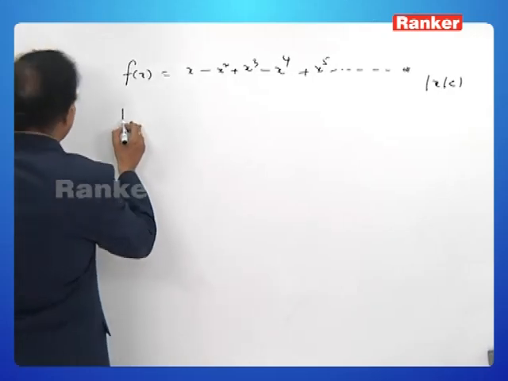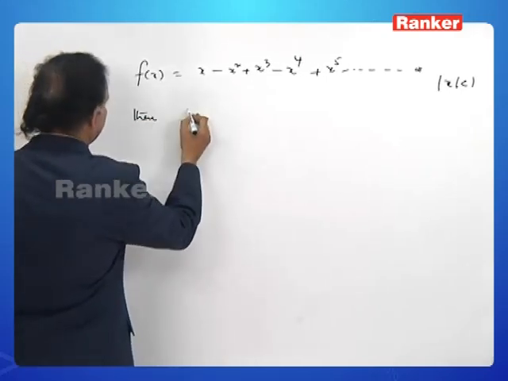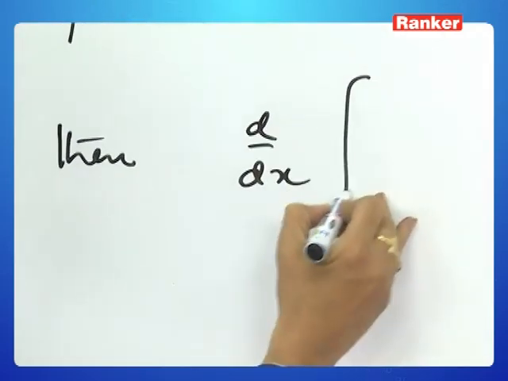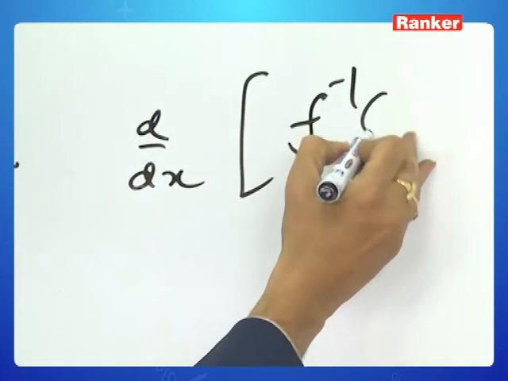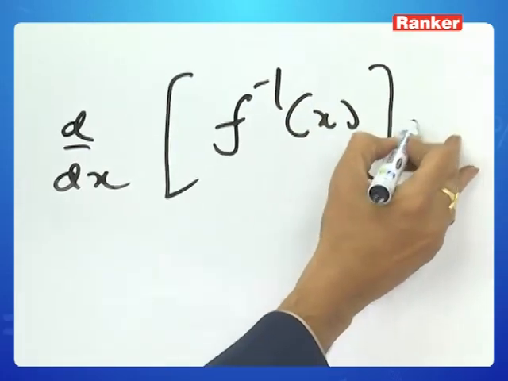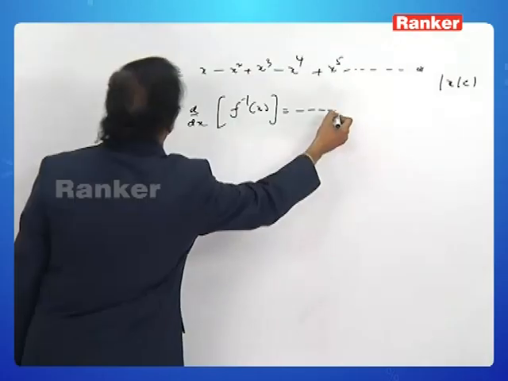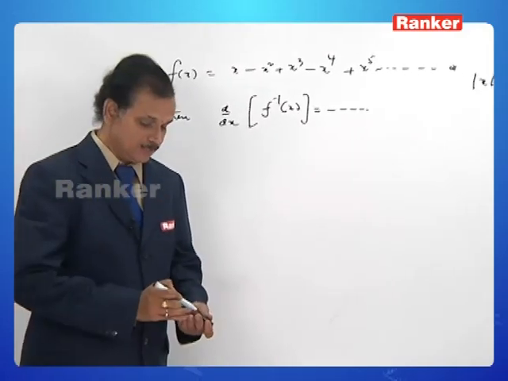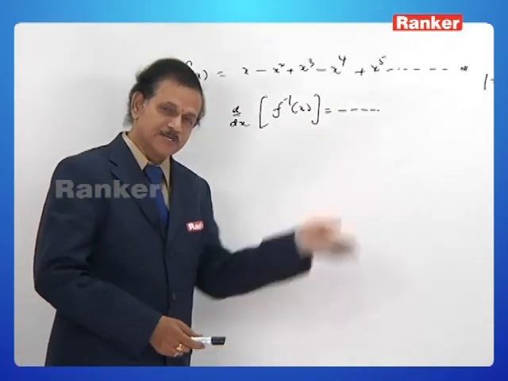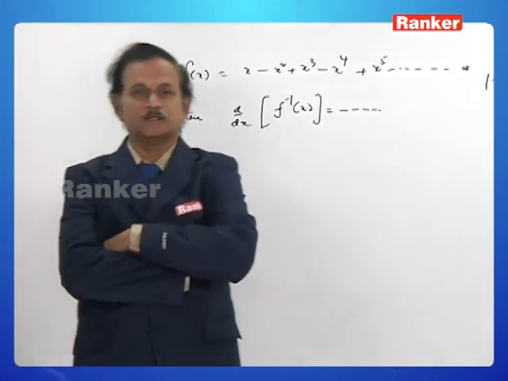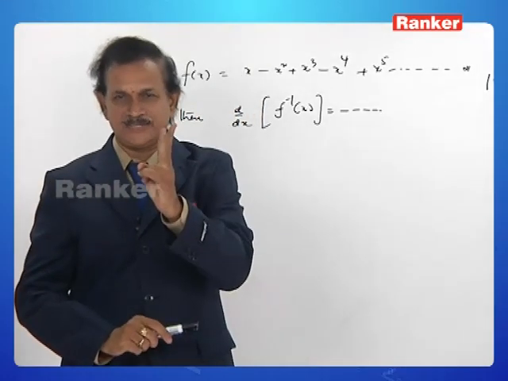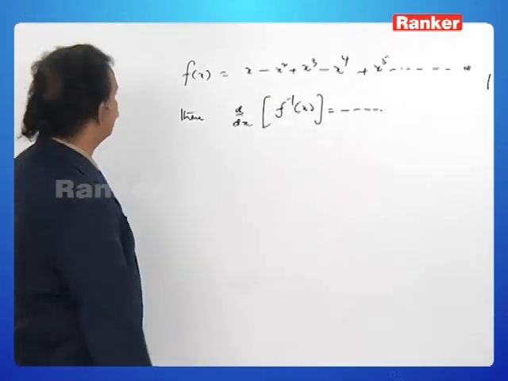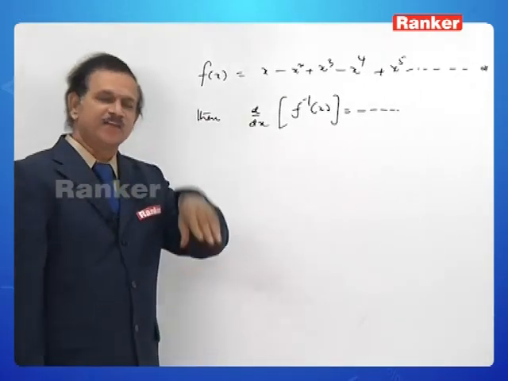Then d by dx of f inverse of x, he is asking us. Therefore, to trace the answer for such questions, you may be attempting two applications. Number one, you must be able to know f inverse of x and then its derivative.